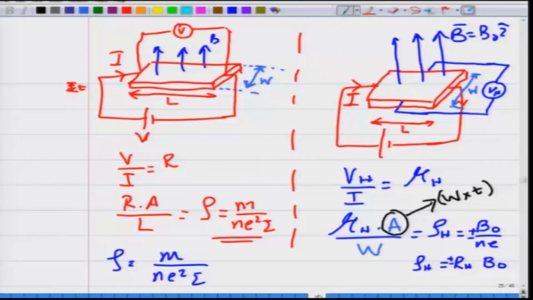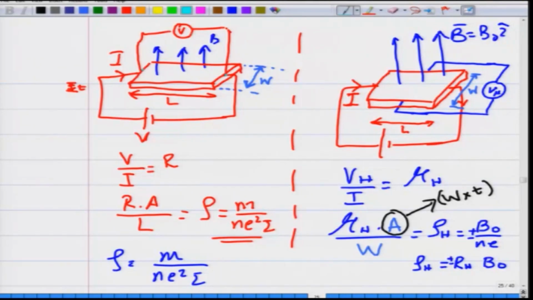So, if you have the sample which is of length L and width W, and you are sending in current from this end, you can apply a magnetic field. Then the longitudinal voltage in this experiment is measured from this point to this point.